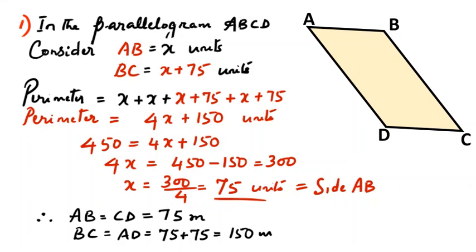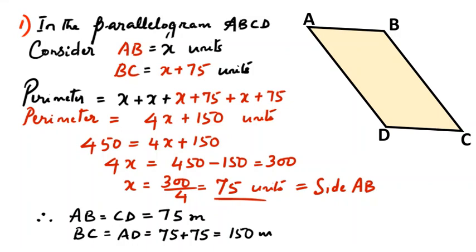I have to transpose numbers. So 4x will be 300. When 4x is 300, x will be 300 by 4. That is 75 units.